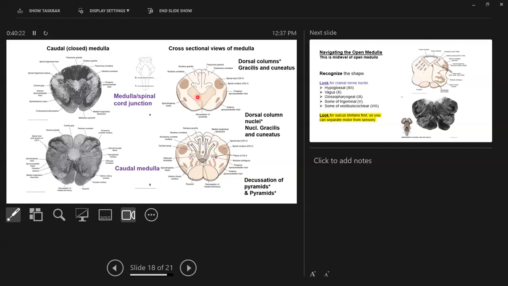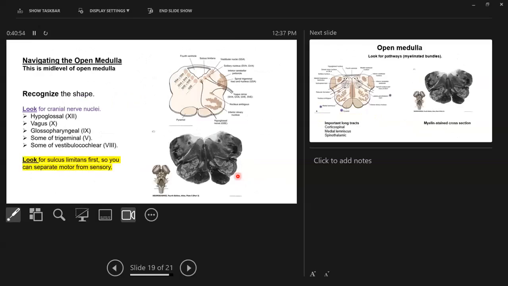Earlier we had a motor decussation here for the pyramid, but a little higher up, the decussation of the dorsal column pathway, from which point on it becomes medial lemniscus as it loops up, and this will go, of course, all the way to the thalamus. So these are two important levels that we can think about and we can observe.